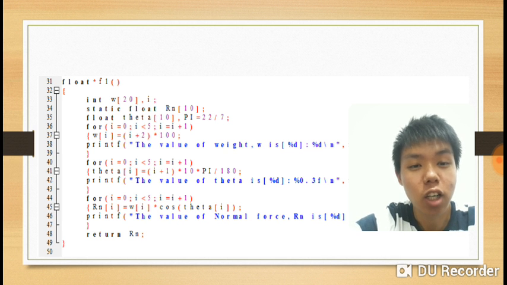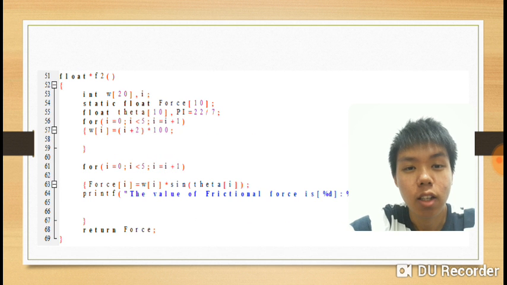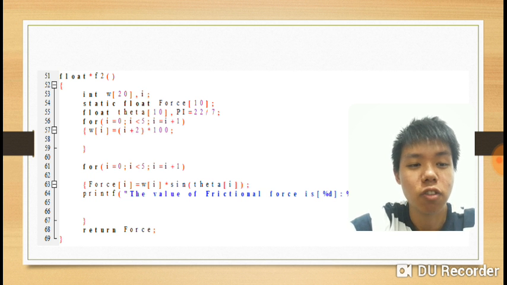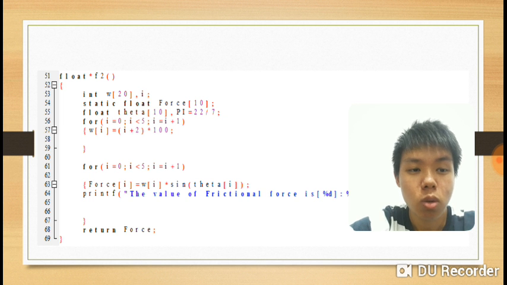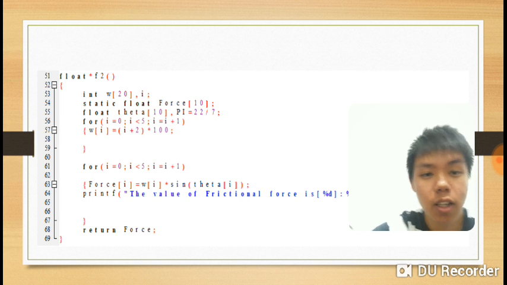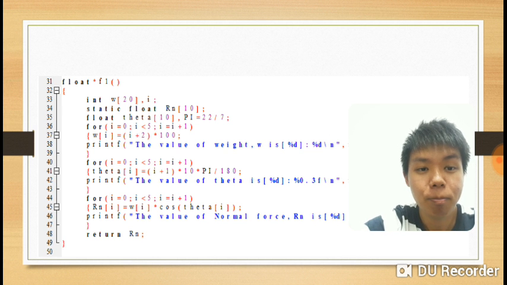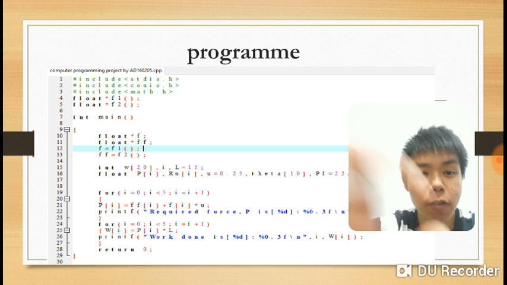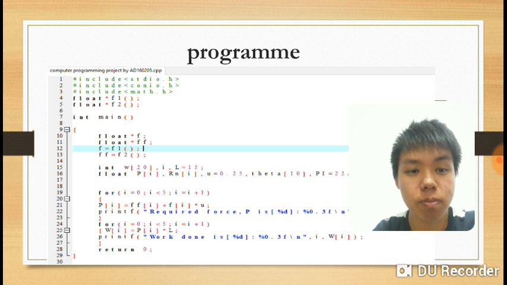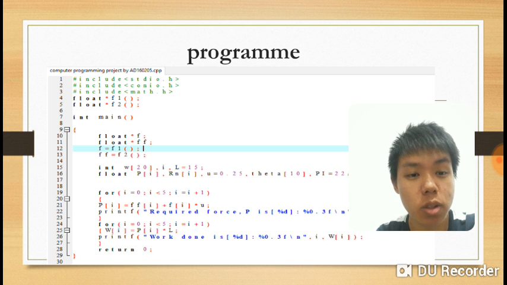So I have 5 calculations. This one is function 2, and for function 2 I have only one loop, which prints the value of frictional force. So altogether I have 4 loops, and the main function has 2 loops, which require force and work done.